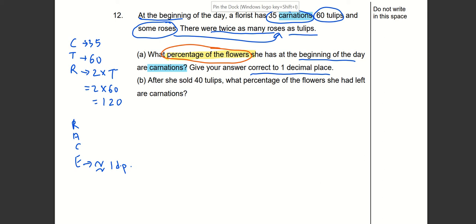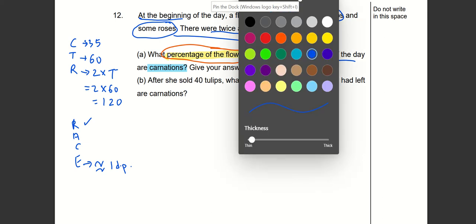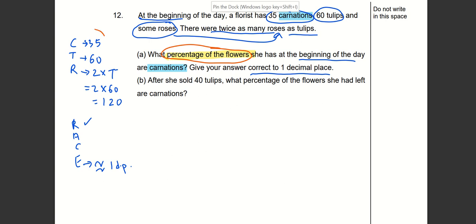Okay, done my reading for A. Let's just focus on A first. Before something happens in B, there's some selling going on. The first part says percentage of flowers. Of flowers, I understand, means all flowers. So from all flowers, I find 35 carnations plus a total of 60 tulips and then 120 roses.